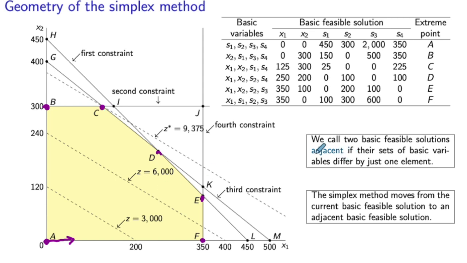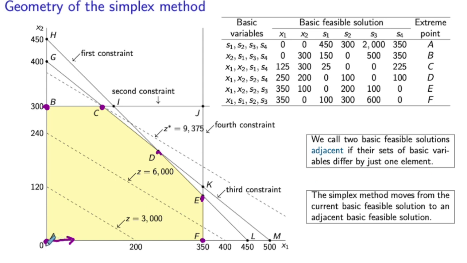So what happens during the simplex steps? We move through a set of what we call adjacent basic feasible solutions, or adjacent extreme points, which we can also call vertices of our feasible region. And we call 2 extreme points or 2 basic feasible solutions adjacent if their sets of basic variables differ by just 1 element.